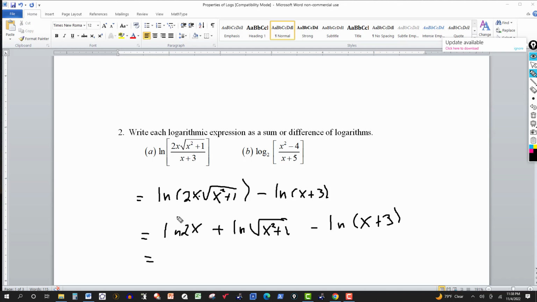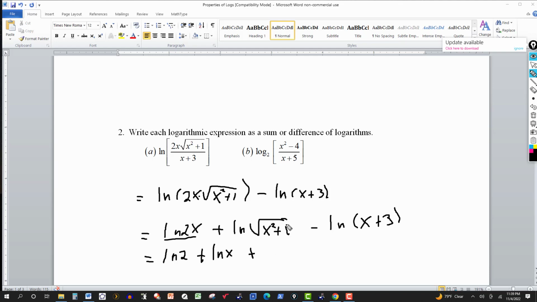Now this one I could actually break up further and say this is the log of 2 plus the log of x. Or I could leave it this way, depending on how specific or how detailed your instructor wants, but let me just go further on this one and say this is the natural log of 2. It's a log of a product. I could go like this.